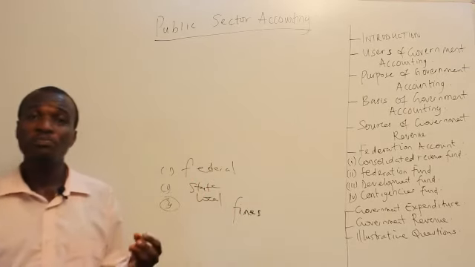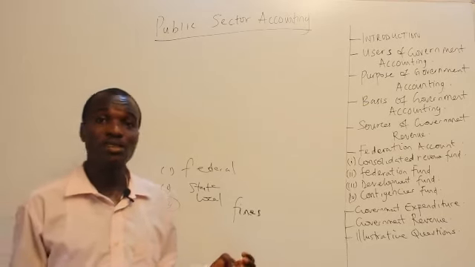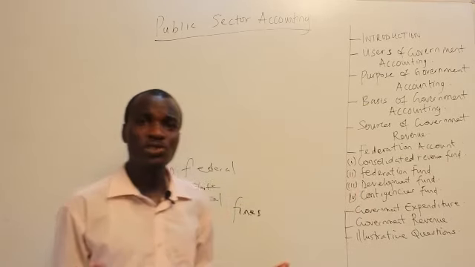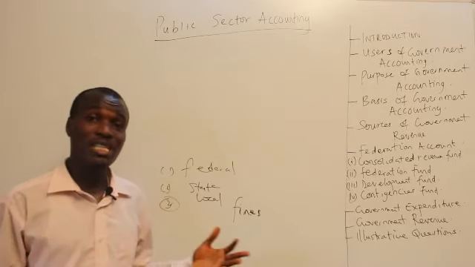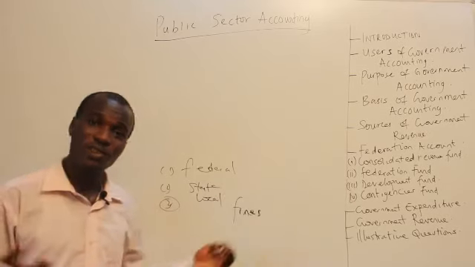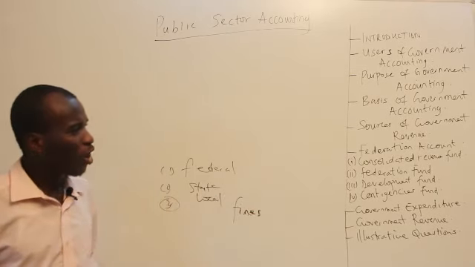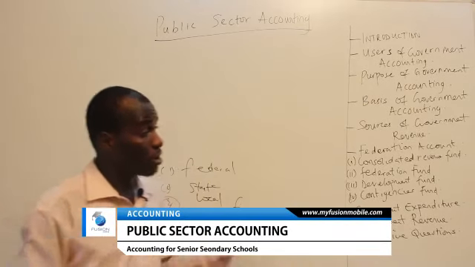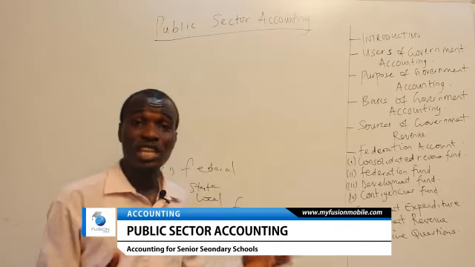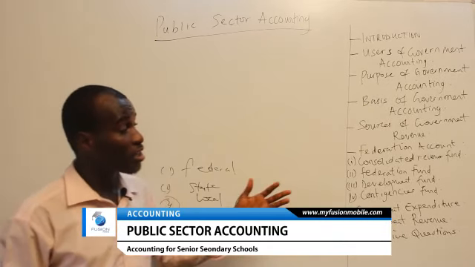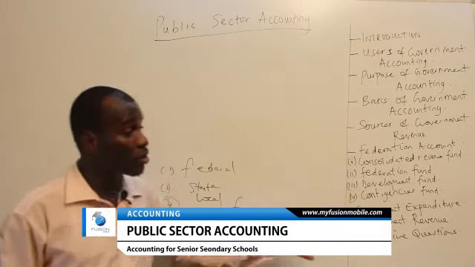And all major expenses by the government, the expenditure by the government, are also taken from this consolidated revenue fund, like recurrent expenditure, payment of salaries to workers in the federation, and a lot of that. Also, the charge to the consolidated revenue fund can be transferred to other accounts of the federal government.